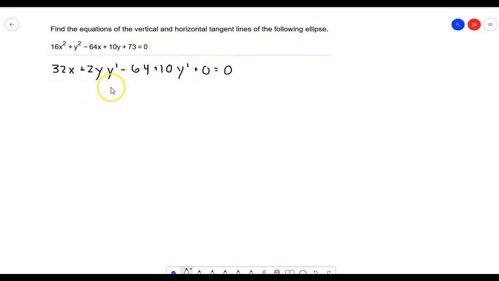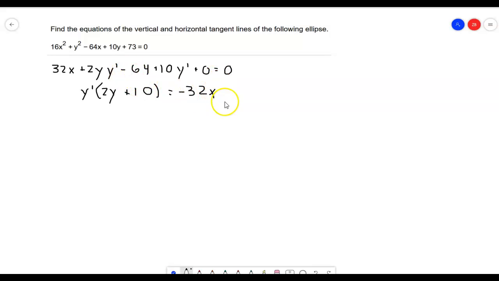So let's group the y prime terms on the left and everything else on the right. And I'm going to factor out the y prime as well. So I should have a y prime times (2y plus 10) on the left, and then on the right, I'm going to bring over that 32x, so that's a minus 32x.